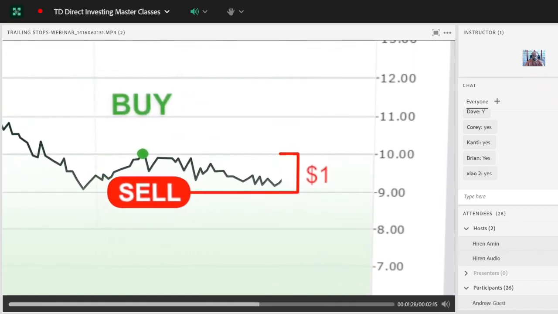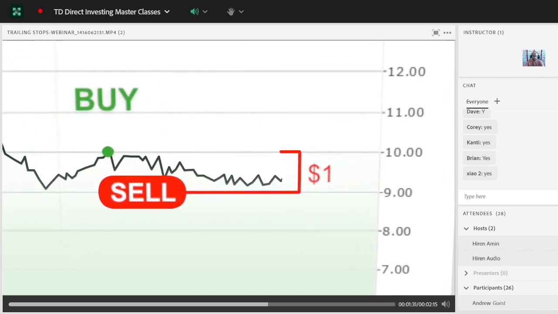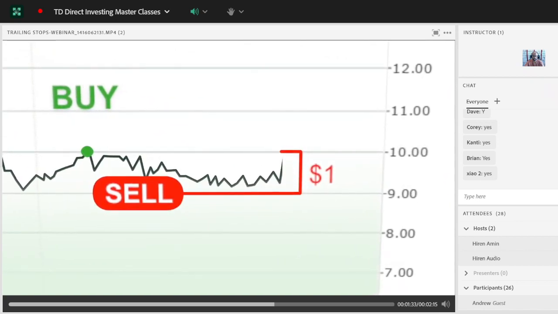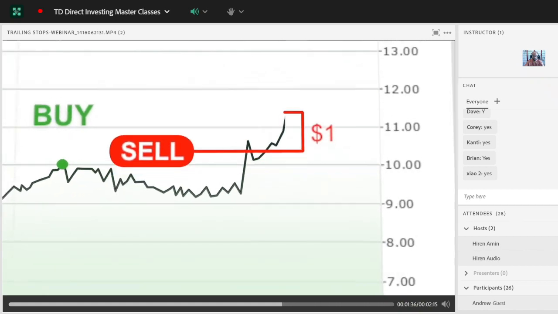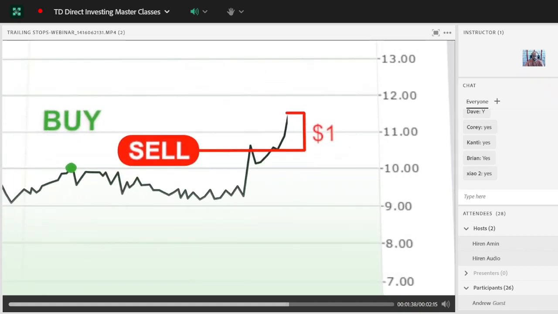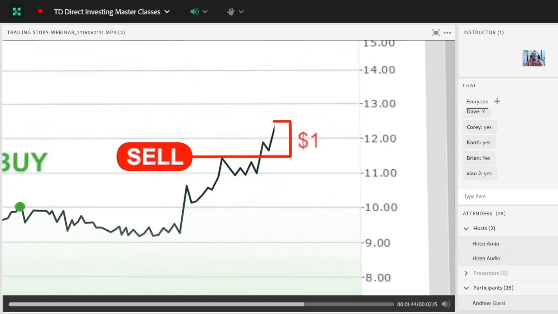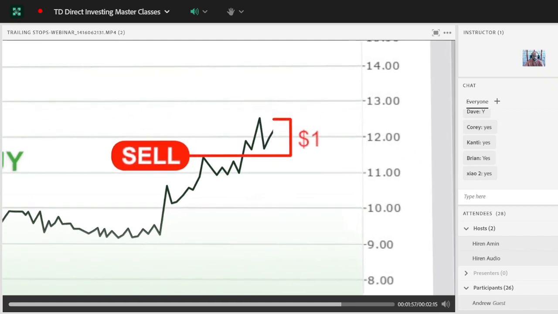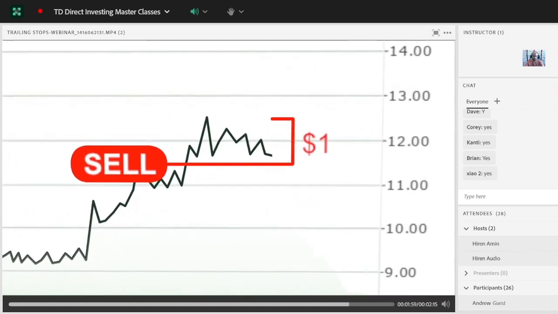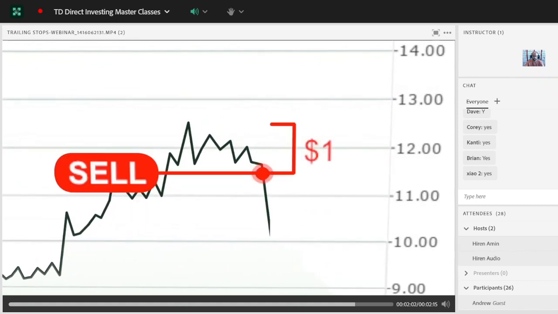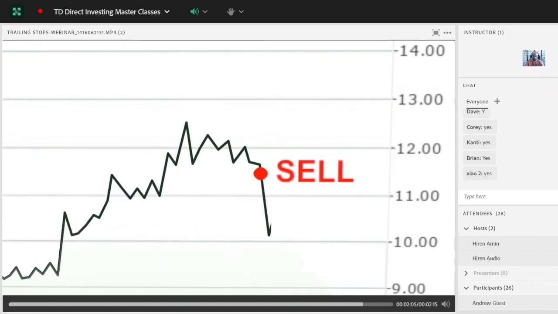But then again, it may also rise. But if the price were to rise above where I entered it, my stop price would follow, remaining $1 below the new higher price. If the price rises again, the stop would again follow. Because this type of stop order can follow the price of the stock, it's called a trailing stop order. And should the price stop rising and start to fall, say falling $1 or more from the new high, then my sell order would get triggered and sent to market.